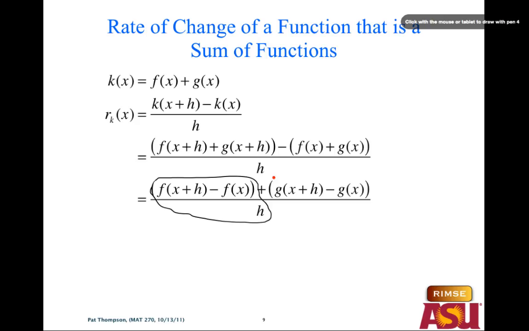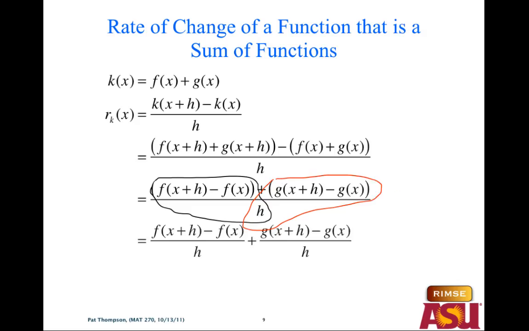And then what is g of x plus h minus g of x over h? This is exactly what we hoped for, right? So you gather together your f's and your g's, and you get the very, what? We get our rate of change of f and g. Okay, again, this is when h gets really small.